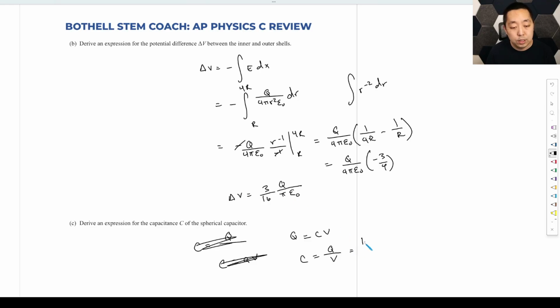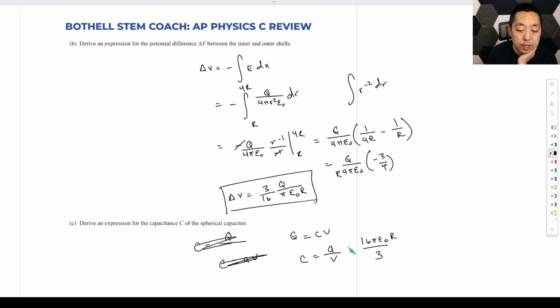So it's going to be 16 pi epsilon naught over 3. Sorry, I left out the R. There should have been an R here. I missed the R because I factored that out, but I forgot to say I did. So this is the expression for our potential difference, and this is our expression for the capacitance. It's going to be 16 pi epsilon naught R over 3.